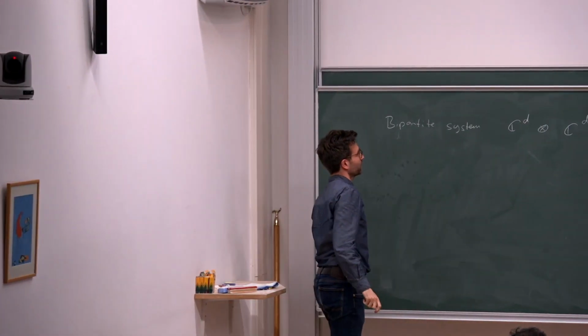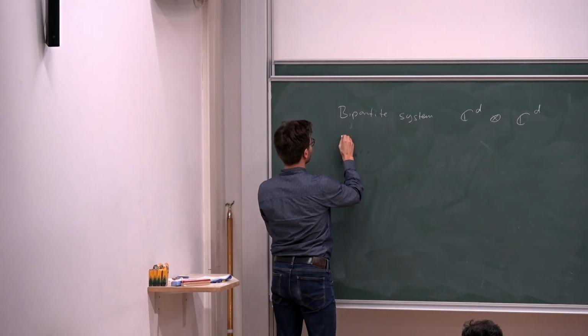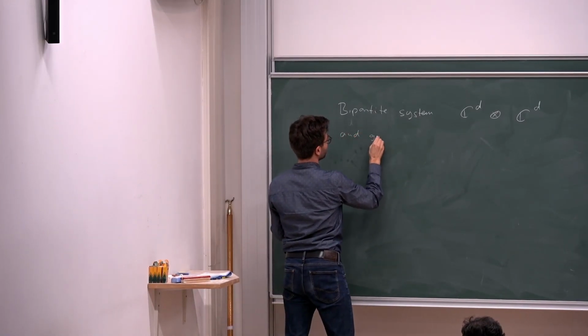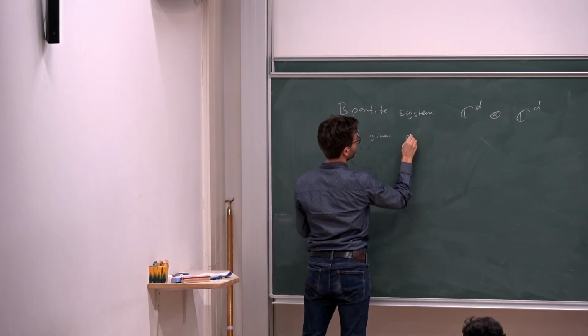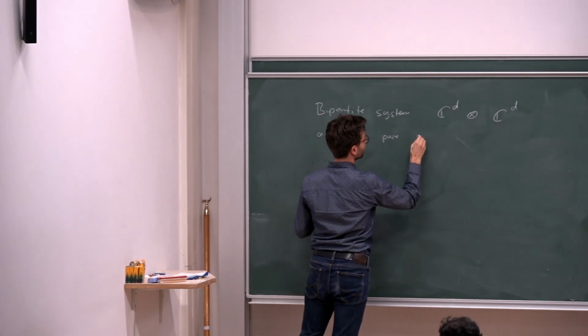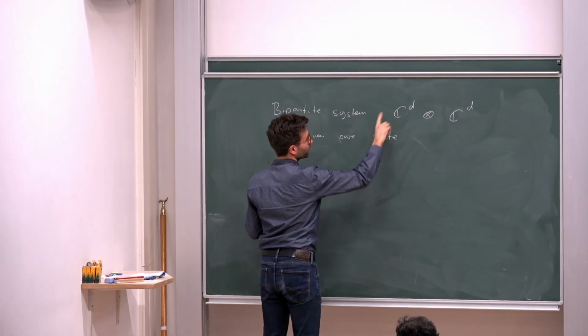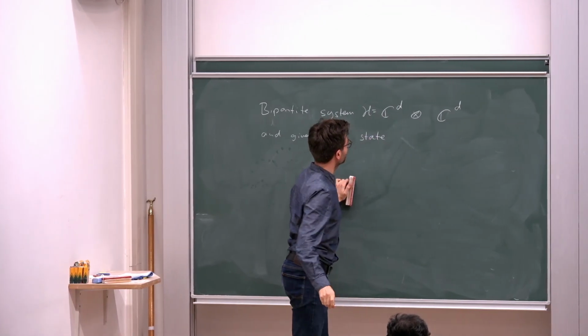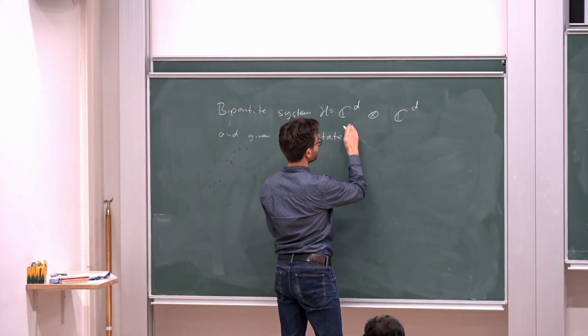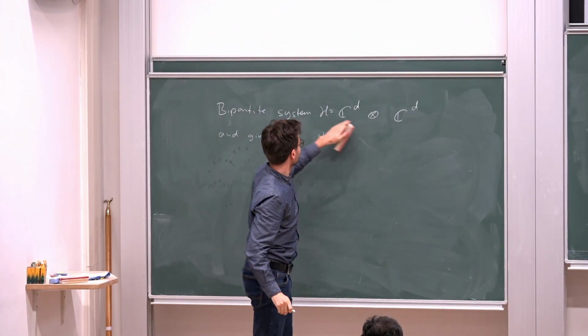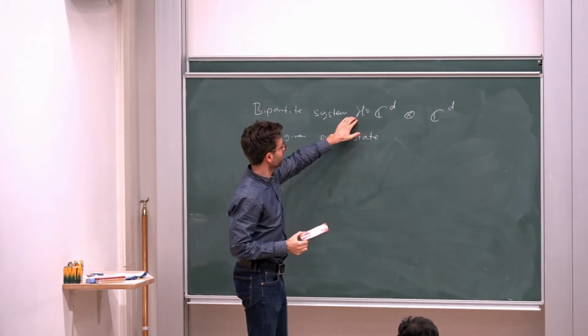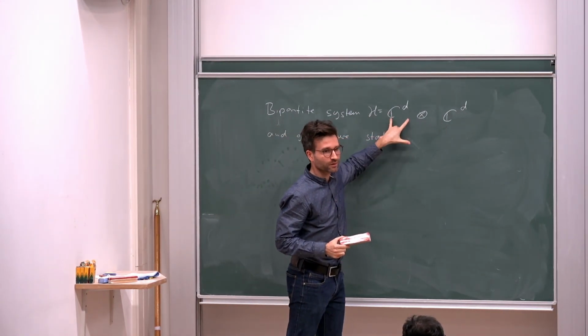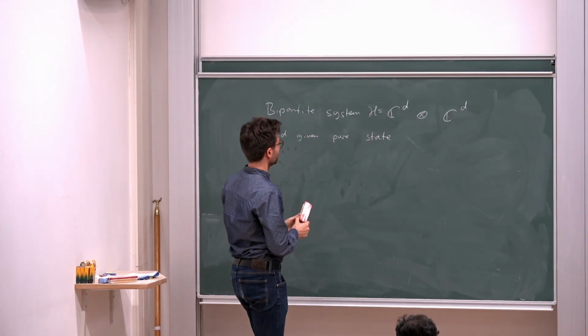We have this bipartite system, and we are given a pure state on the overall Hilbert space, which is then represented by a vector in C^d tensor C^d. That is what we have here.